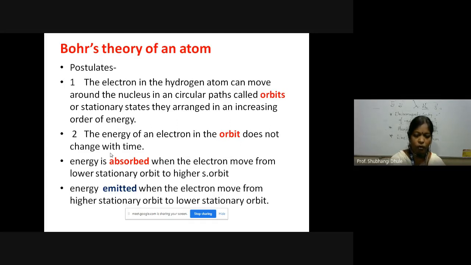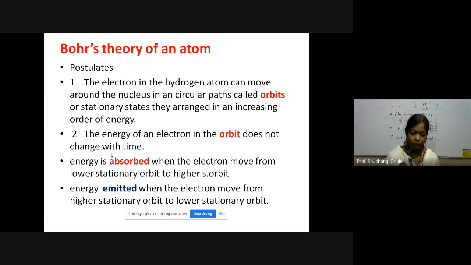The first postulate of Bohr's theory of an atom is that the electron in the hydrogen atom can move around the nucleus in circular paths called orbits. He is the scientist who used the word orbit for the first time. Now also in the quantum mechanical model we are using the word orbit.